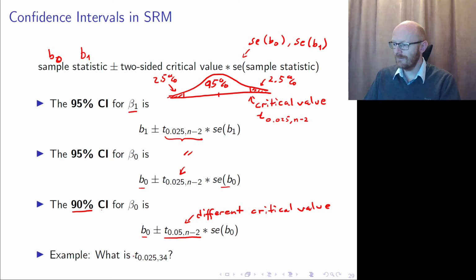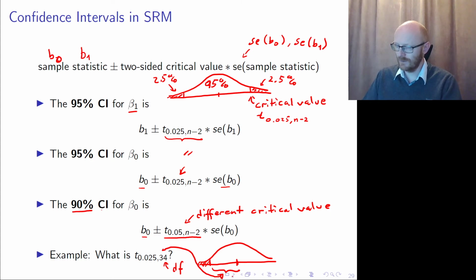Okay, so for example, if you have degrees of freedom of 34 and you want the 95% confidence interval, which means that the tail probability should be 2.5% or 0.025, what is the number of standard errors you have to go away from your estimate?